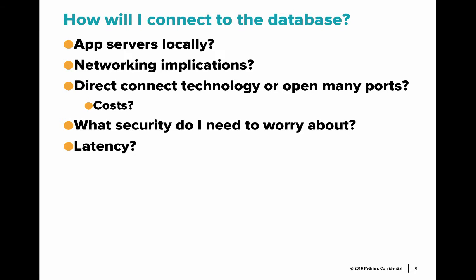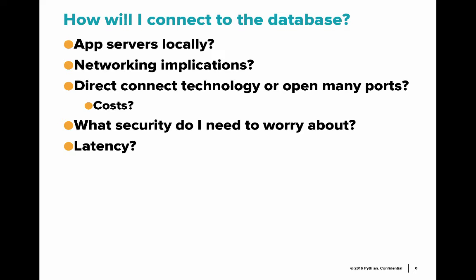Another important question is, how am I going to connect to the database? Most likely, if you're moving a database into the cloud, you're now also moving app servers into the cloud. It's unlikely that you would have app servers remaining locally and databases moving into the cloud, though you potentially could. What are the networking implications of any of this? Do I need to utilize a direct connection type technology, which are offered by the different vendors?